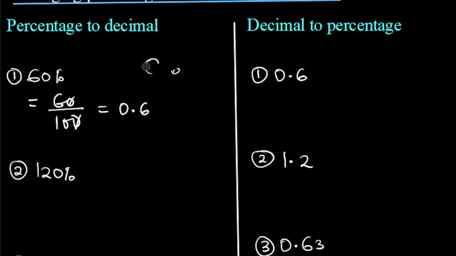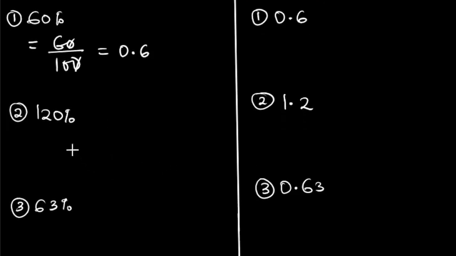Okay, so please, you should know some of these things, like 1 over 10 is 0.1, 1 over 100 is 0.01, like that. Then for the second one, this is 120 over 100. Okay, so 0, we cancel 0, and this we give 1.2.